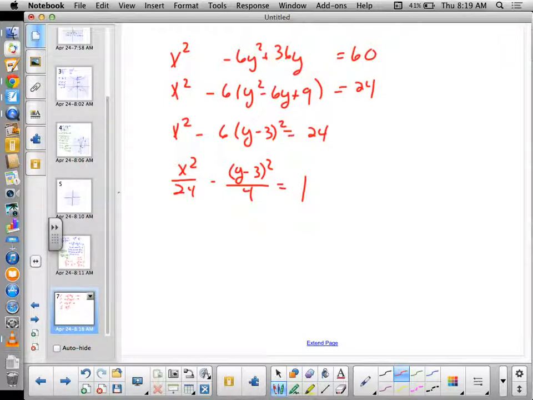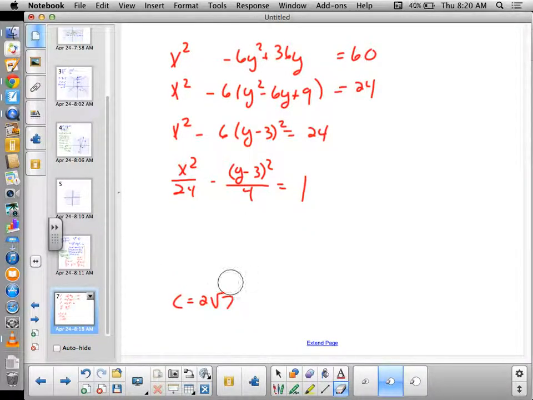So c squared equals a squared plus b squared. So 24 plus 4 is 28. So c equals 2 root 7. Oh, wait a minute.